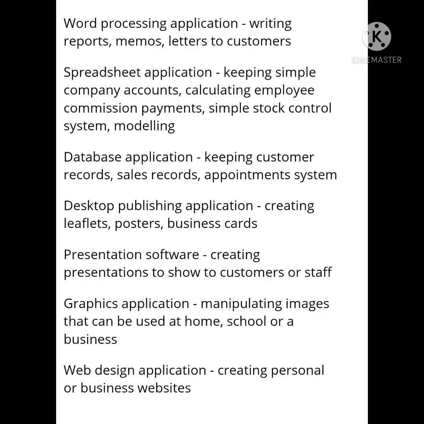Now let us see some examples of common application software. First one is word processing. We can use it to write letters, reports, memos, etc. to customers. The next one is the spreadsheet application, for keeping a small company's accounts. We can calculate employees' commissions, payments, etc. using this spreadsheet.